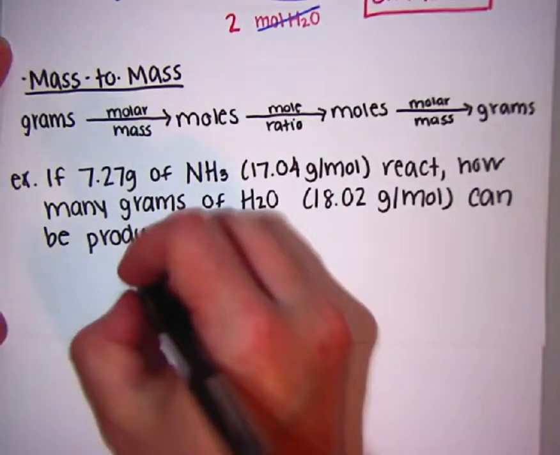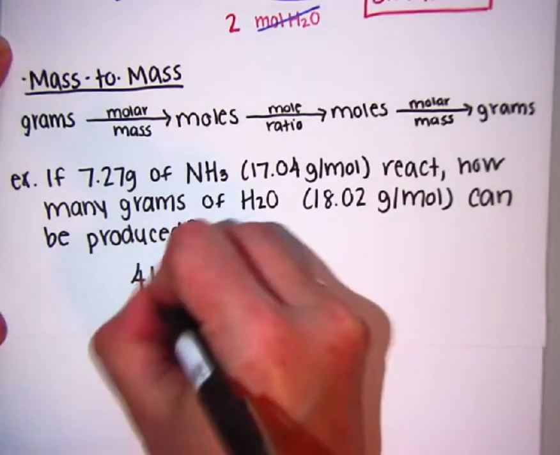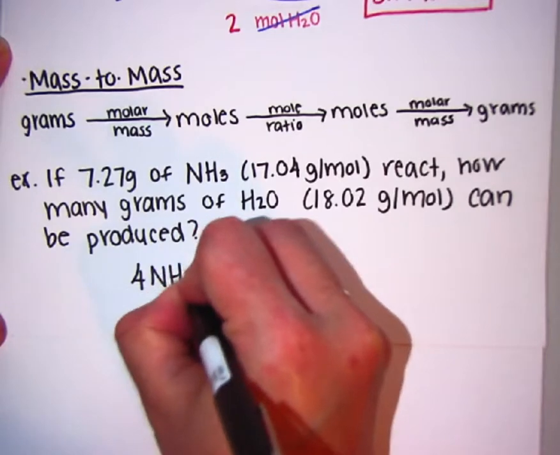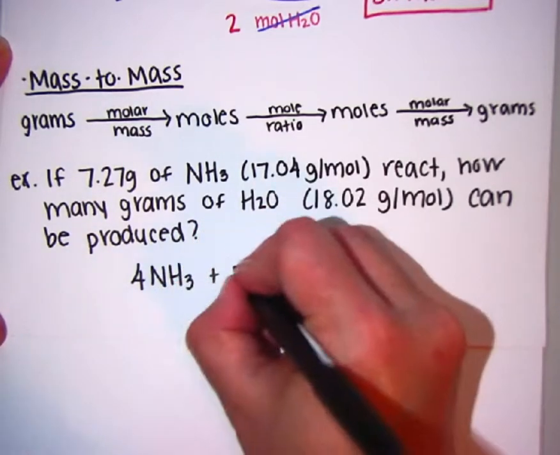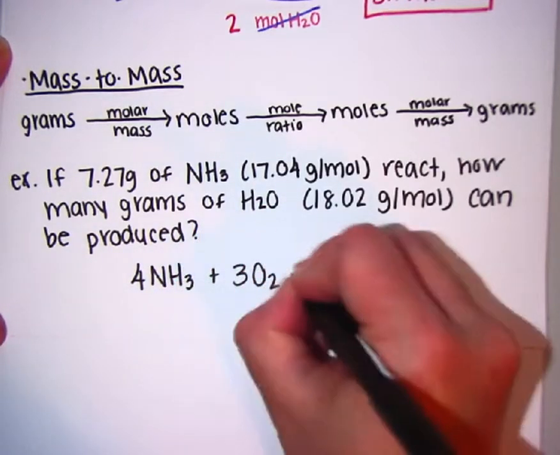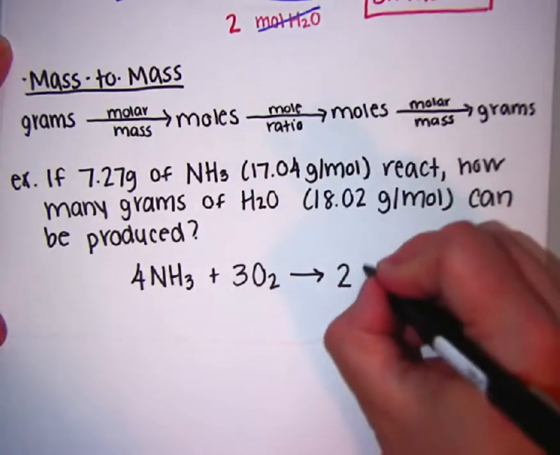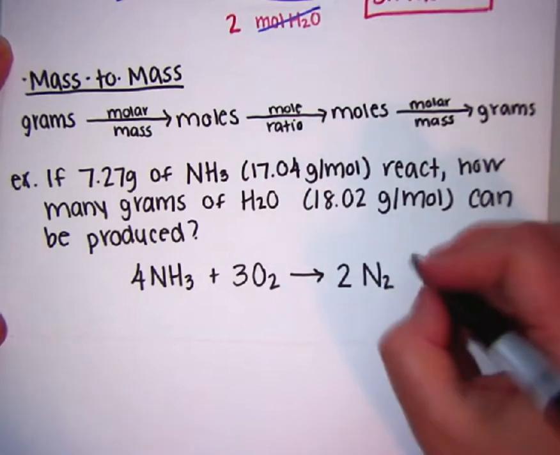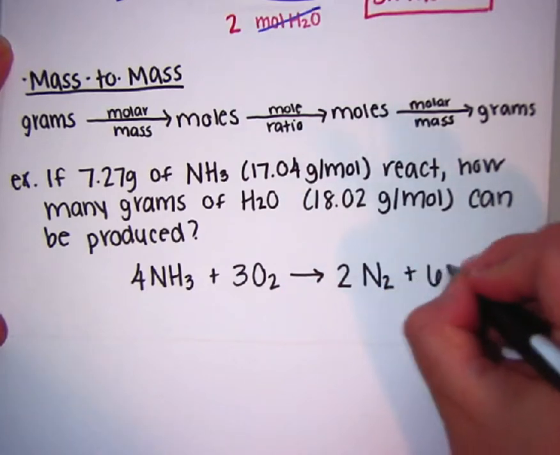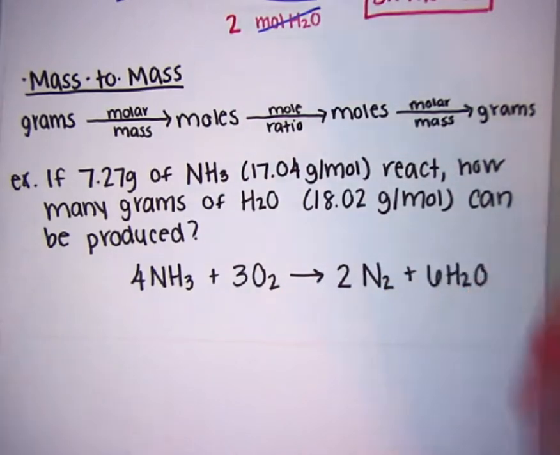And we have a balanced reaction. 4 moles of ammonia plus 3 moles of oxygen produces 2 moles of nitrogen plus 6 moles of water.